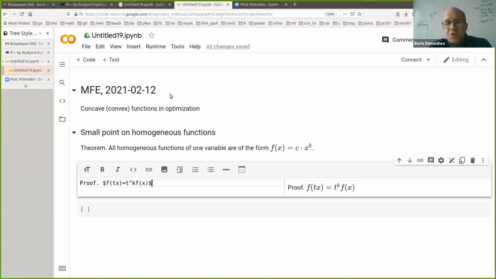And so we can choose basically any x, any t, and that equation should be true. So that is true for all t and all x for which both sides are defined.